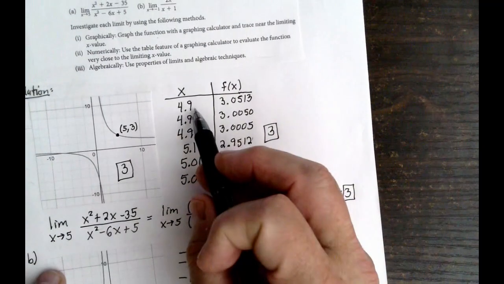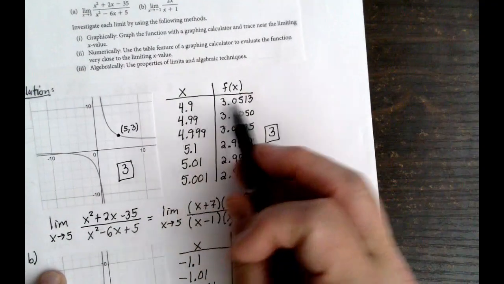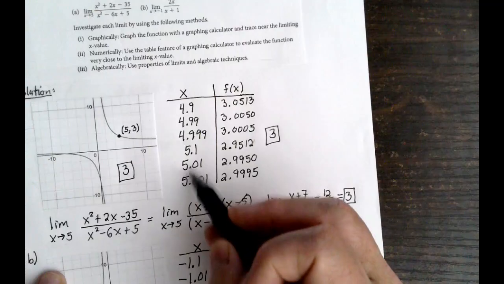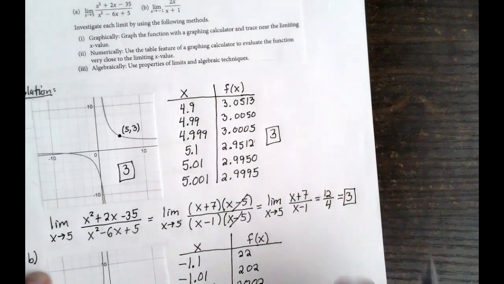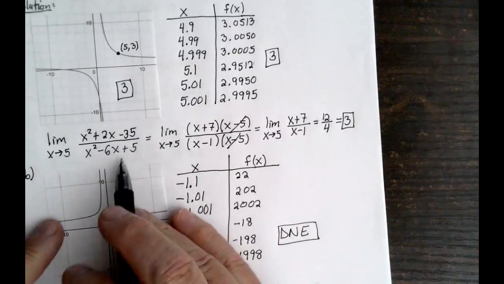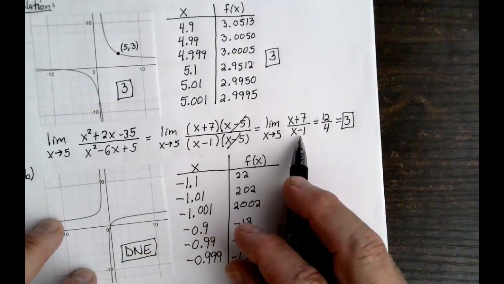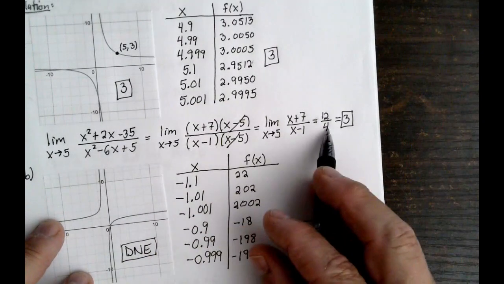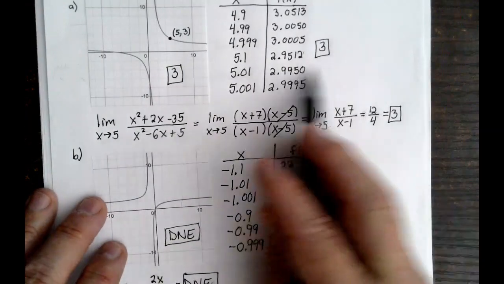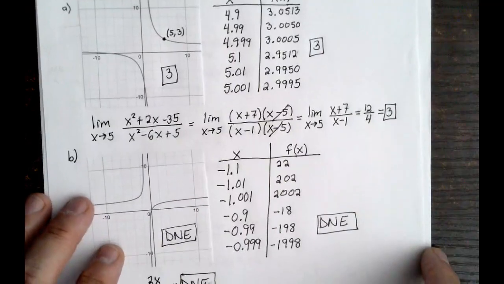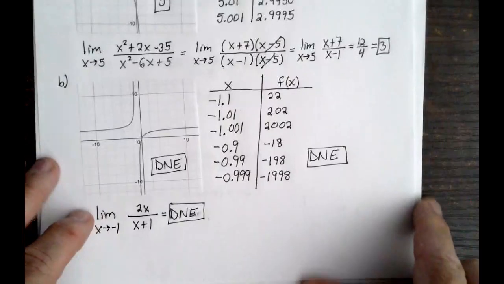If you look at it on a table, you can see that as you approach 5, in either case you approach a y value of 3. And then if you do the algebra and factor and reduce and then finally plug in 5 in for x, you get an answer of 3. And so all three of these are giving you the same answer, algebraically, graphically, and numerically.